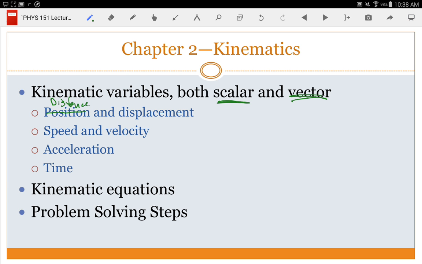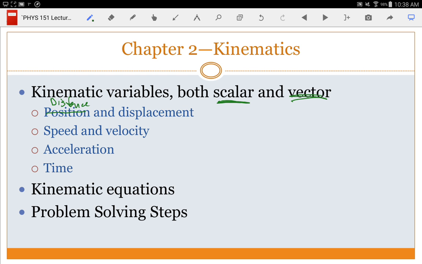Speed versus velocity. Remember, these words I accidentally use interchangeably a lot. But what's the technical difference between speed and velocity? Right. Speed is a scalar, velocity has direction. Now, something I don't have listed here is the difference between instantaneous and average values. I think it stands to reason.